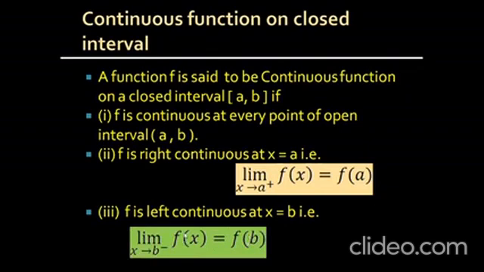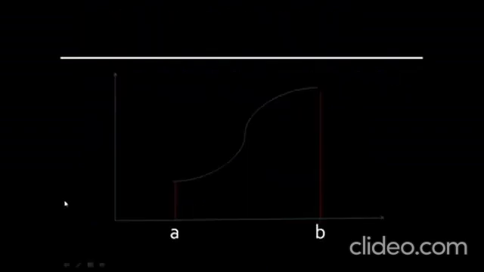So how to apply this in the graph? You can easily look at it in the graph. It is the same as the previous graph. If you look at the nearest point A, it is not showing on the left hand side, but it is on the right hand side.